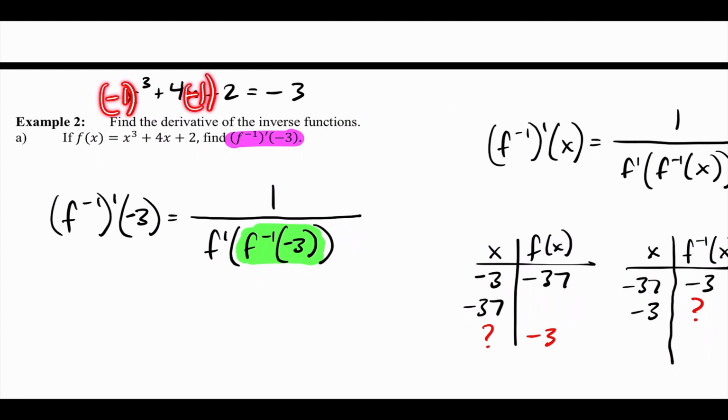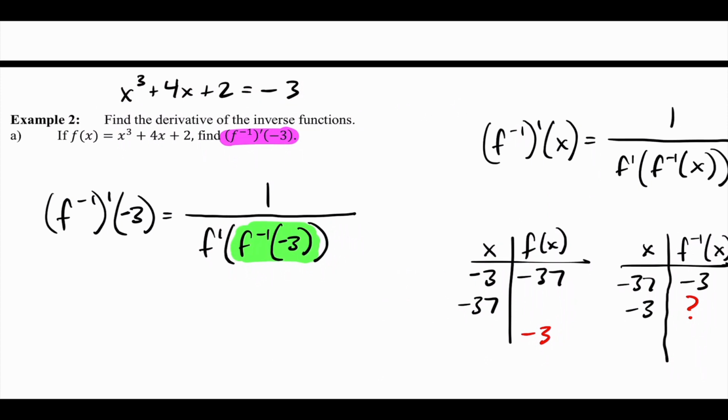If I plug in -1 here and here, -1 cubed is -1, minus 4, -5, plus 2. I think we got our answer. So that guy goes here. So if I were to plug in -1 into the original, I would get -3 as an answer.